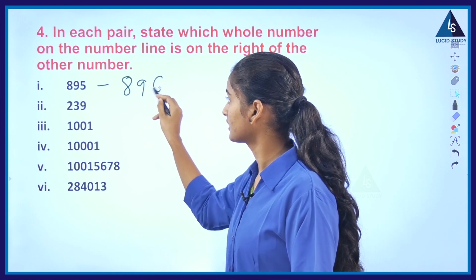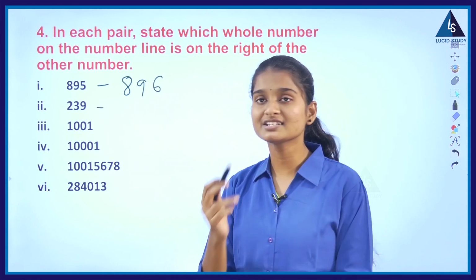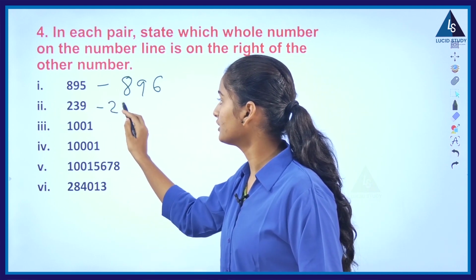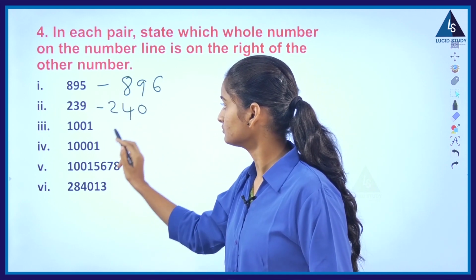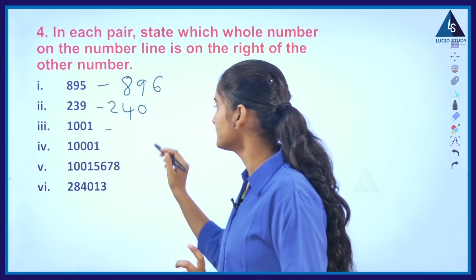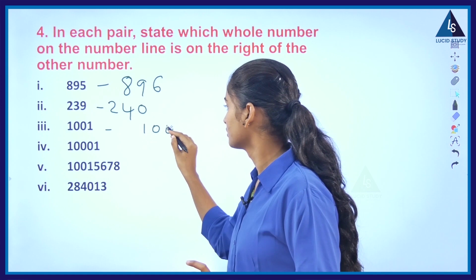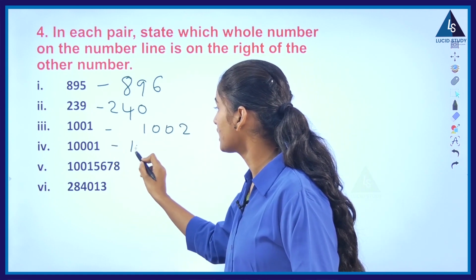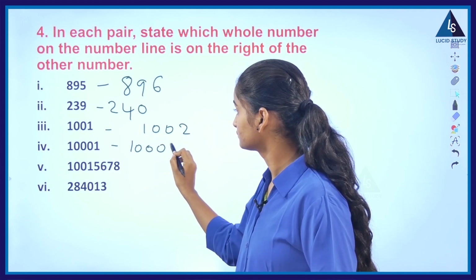896. So the successor of 239 is 240. The successor of 1001 is 1002. The successor of 10,001 is 10,002.